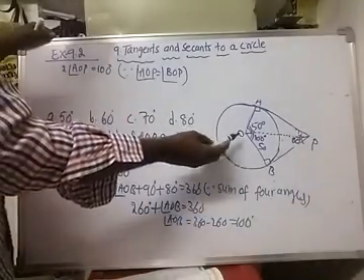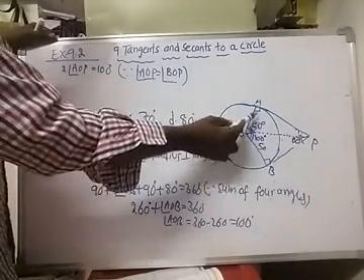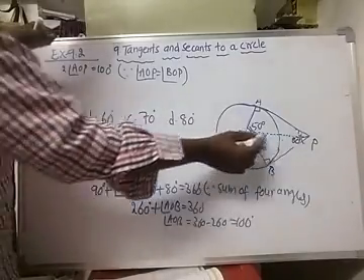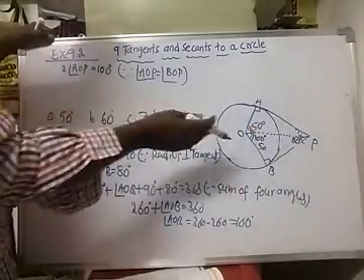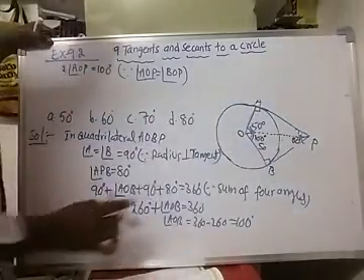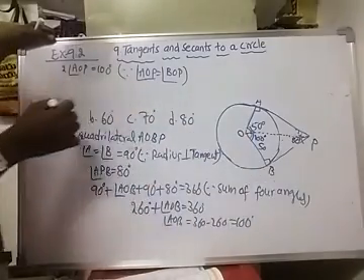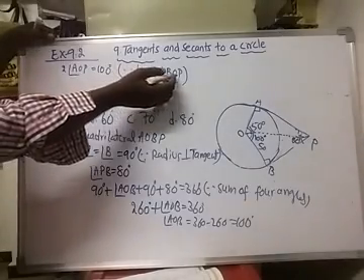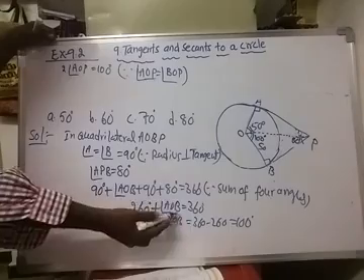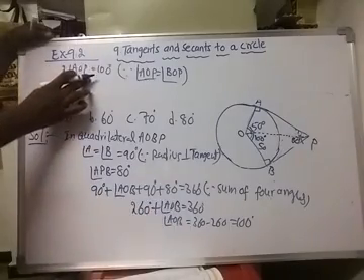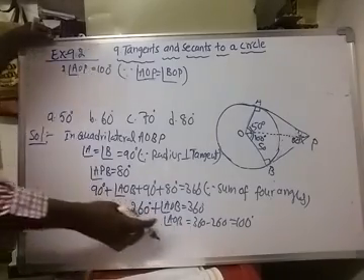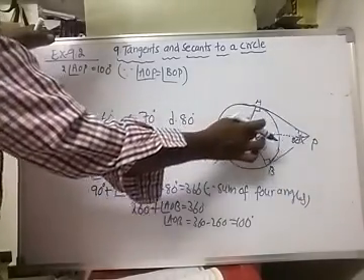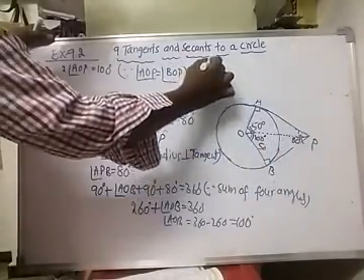Angle AOP is equal to angle BOP, because OP bisects angle AOB into two equal parts. So angle AOP plus angle BOP can be written as 2 angle AOP.